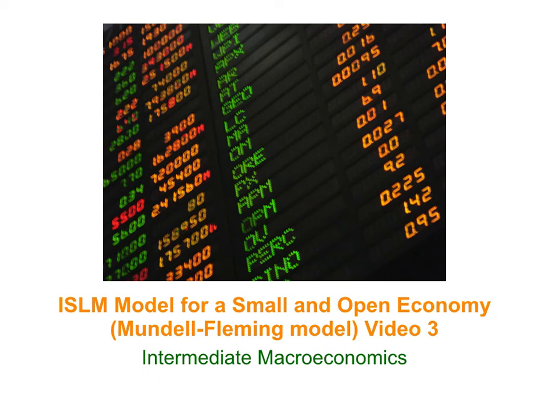We are going to start our third video on our IS-LM model, or what we call the Mundell-Fleming model. As you remember, this model is applied to small and open economies, and it was designed in order to understand the effect of fiscal and monetary policies.